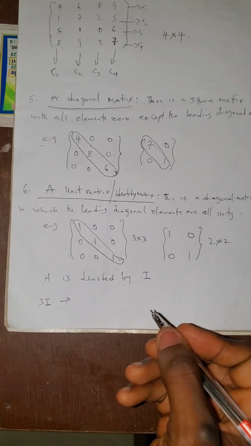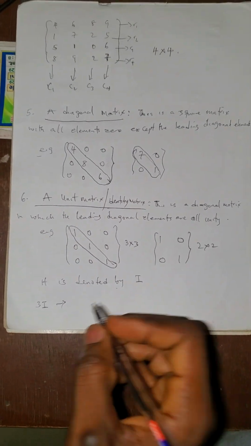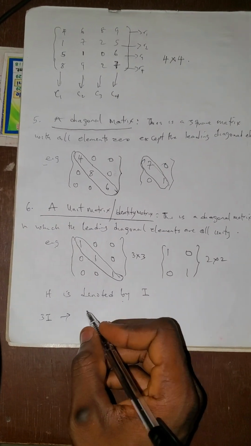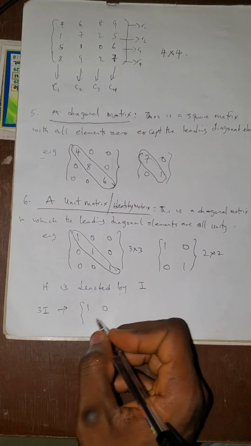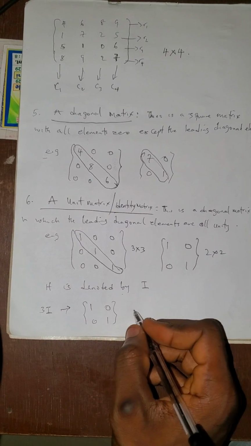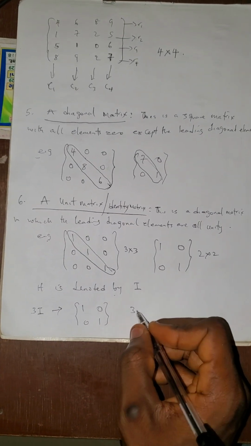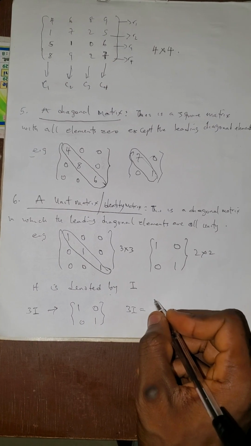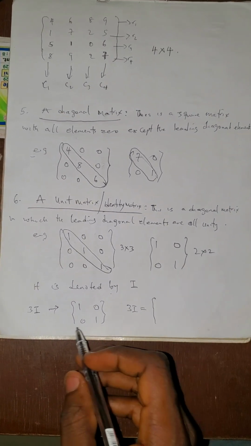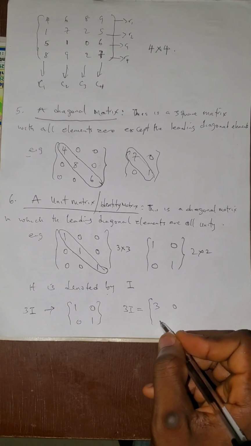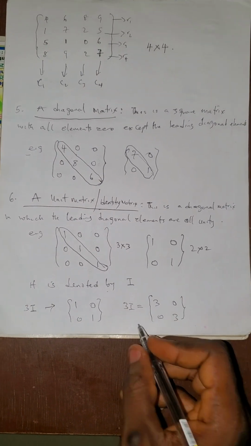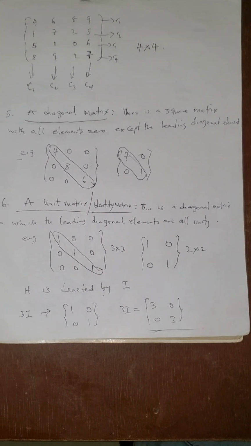So if the matrix is 2 by 2, what's 3I? You should know that the 2 by 2 identity matrix will be 1 0 0 1. So 3I will be 3 multiplied by all these 1s. That will be 3 times 1. That's 3 0 0 3. So this is 3I, 3 identity matrix.